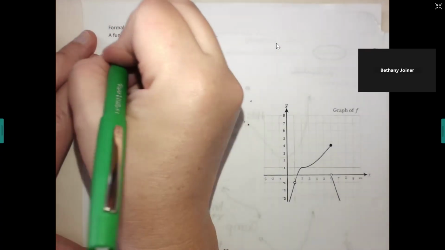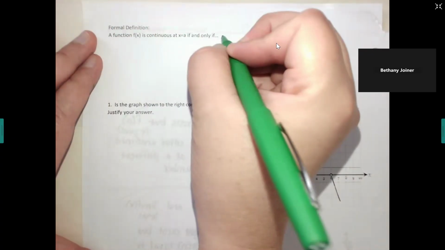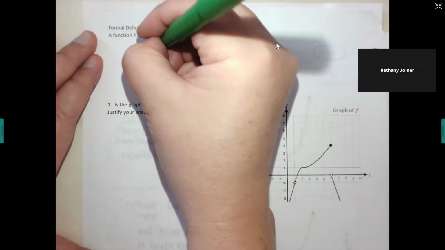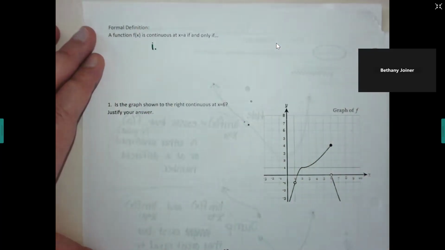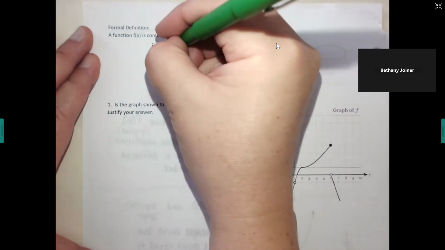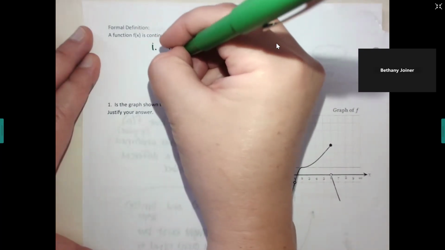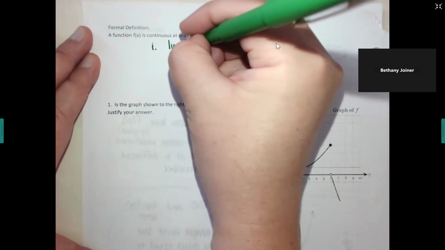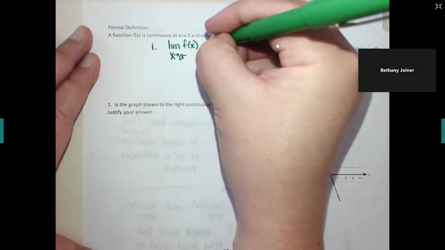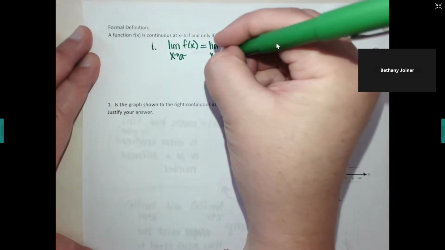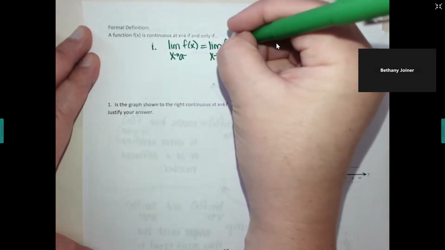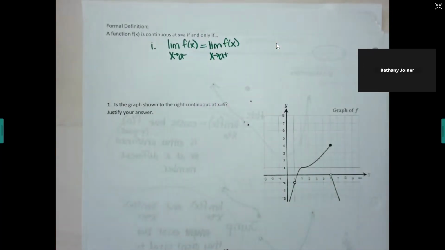So it says f is continuous at A if and only if. You're going to give yourself 3 little lowercase Roman numerals. The first one is that the left and right limits have to equal each other. So step number 1 is left and right sides have to have the same limit.